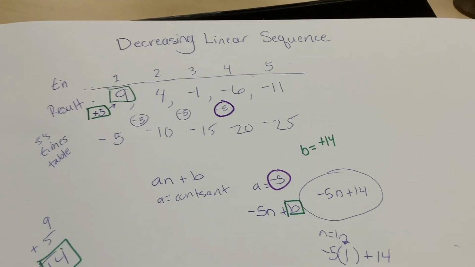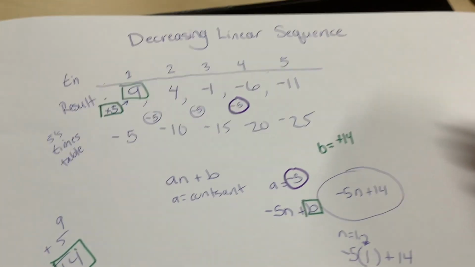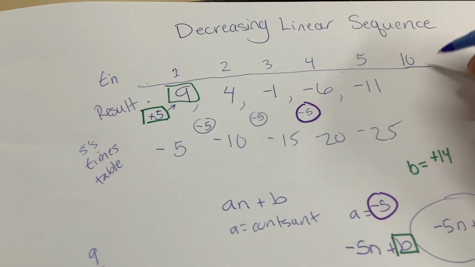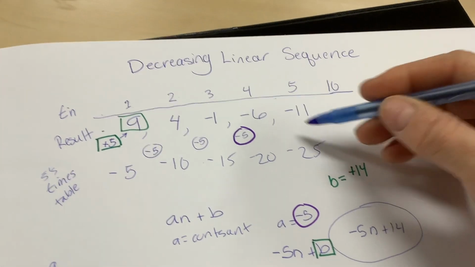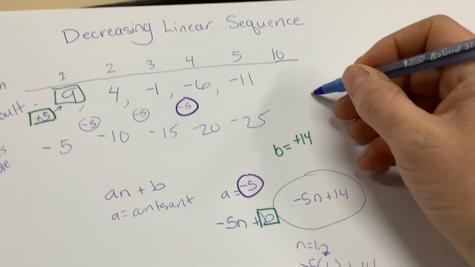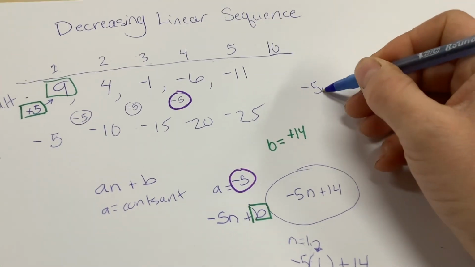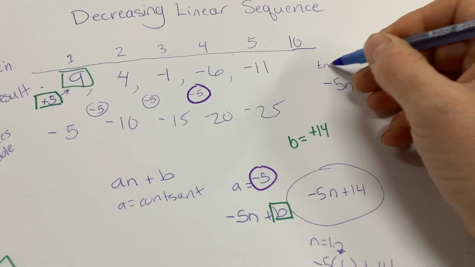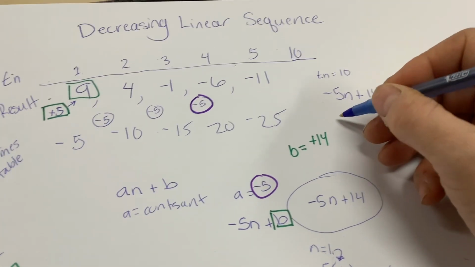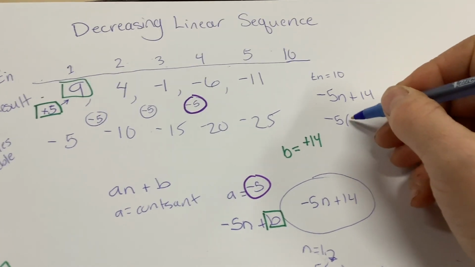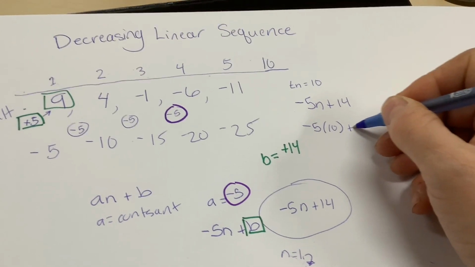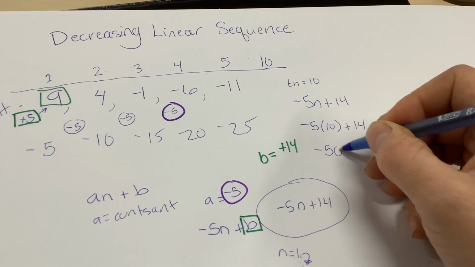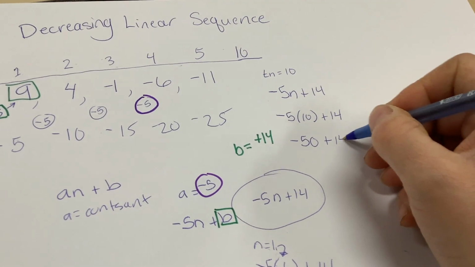So now when we want to find a different number in the sequence, let's say we want to find the 10th term, we can do that because we have our negative 5n plus 14. When the term number is 10, we just put that 10 in for n and put our 14. So we have negative 50 plus 14.